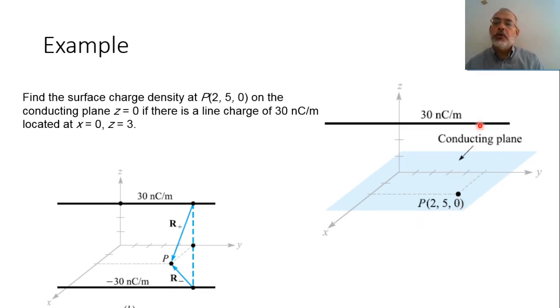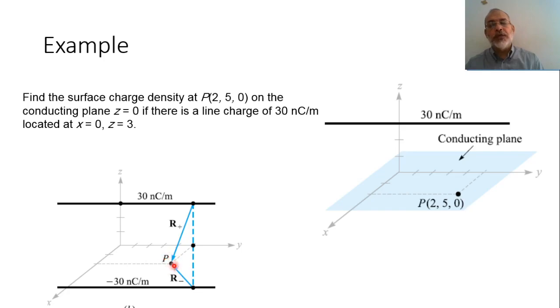We have now arranged the problem as a source and its image, and we can apply the electric field due to an infinite line charge to find the electric field at the point P from the original source and the electric field from its image.